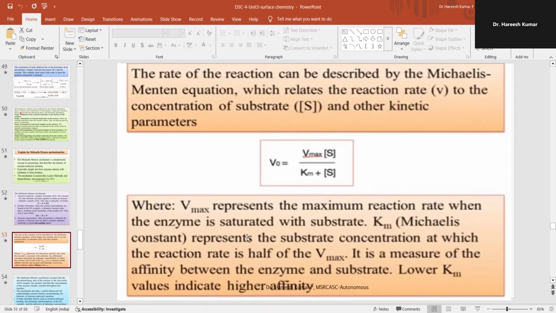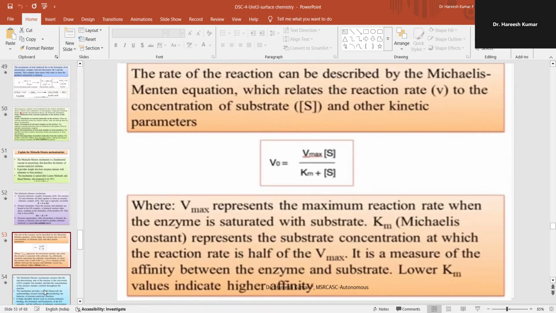Km, the Michaelis constant, represents the substrate concentration at which the reaction rate is half of the Vmax. It is a measure of the affinity between the enzyme and the substrate. Lower Km values indicate higher affinity.